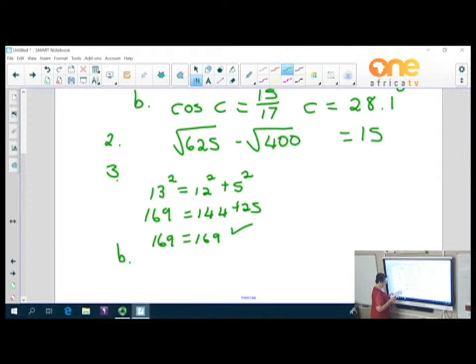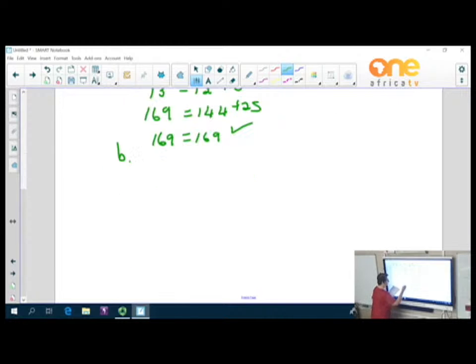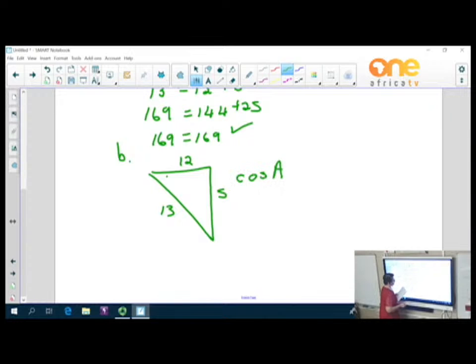Number B, now they say, give your answer as a fraction. So they do not want the angle. They just want the ratio. So in this case, we must choose the correct sides every time. 12, 5, and 13. Now, they want cosine A. This is angle A, cosine A. So the question is, which two sides will it be?